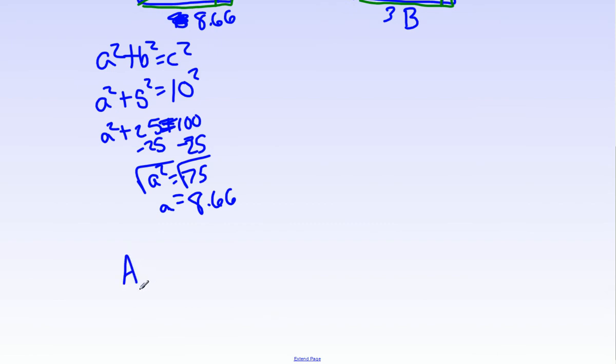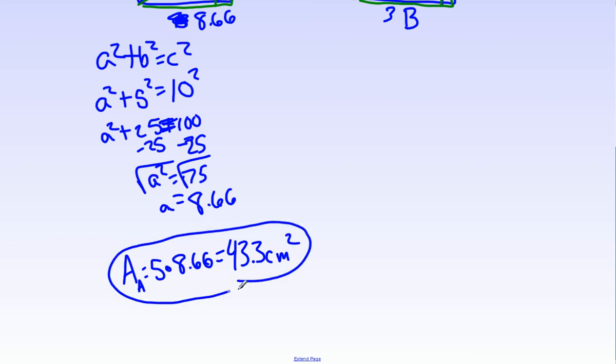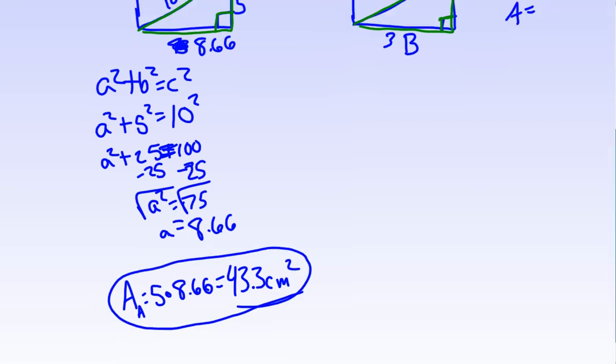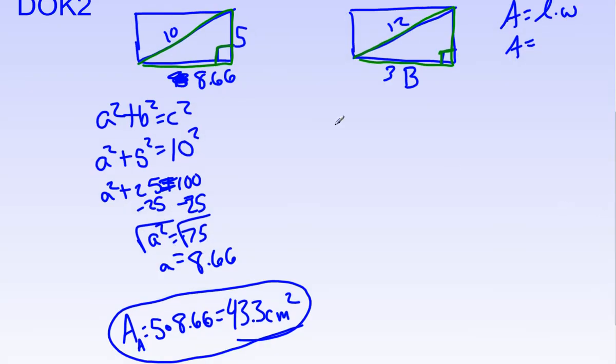So the area of A was 5 times 8.66, which was 43.3 centimeters squared. So that is half of my answer. I know the area of my first rectangle.